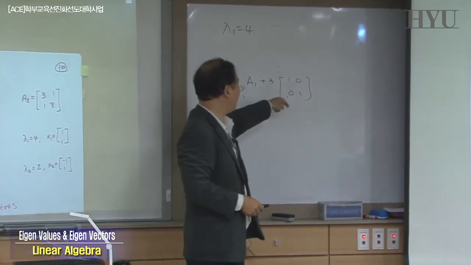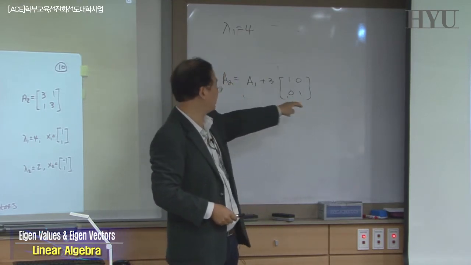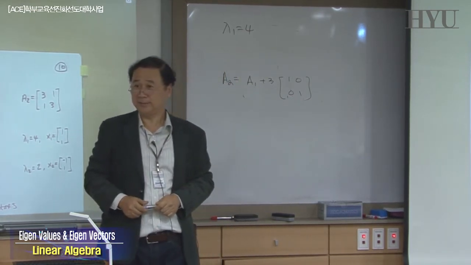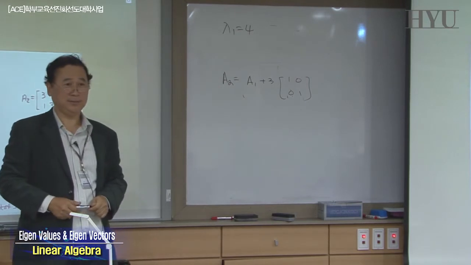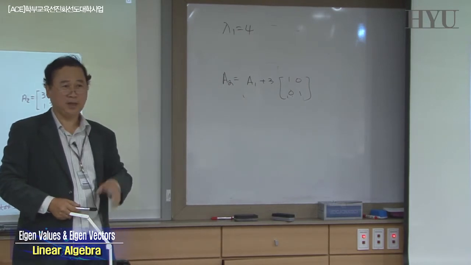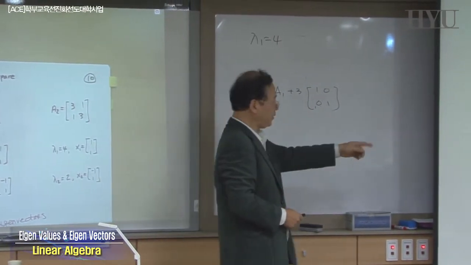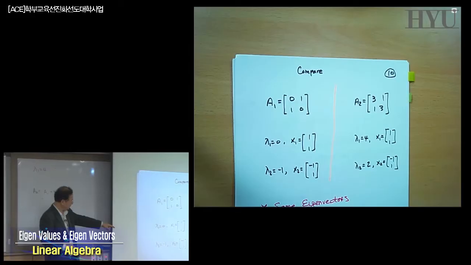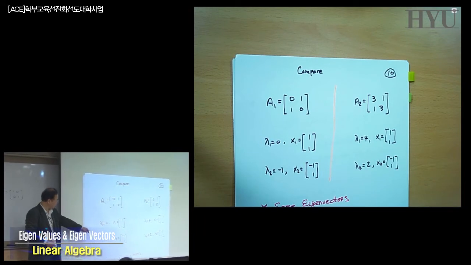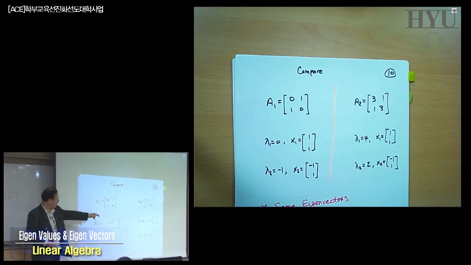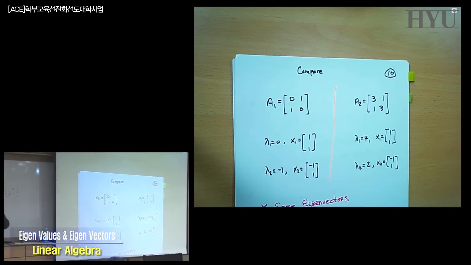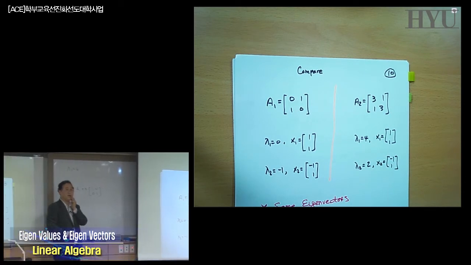When you add 3 times the identity matrix, this becomes A2. Then eigenvalues, which were 0 and -1, are now 4 and 2. So eigenvalues were increased by 3.